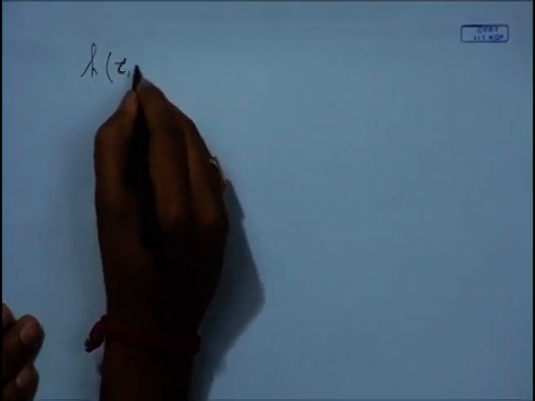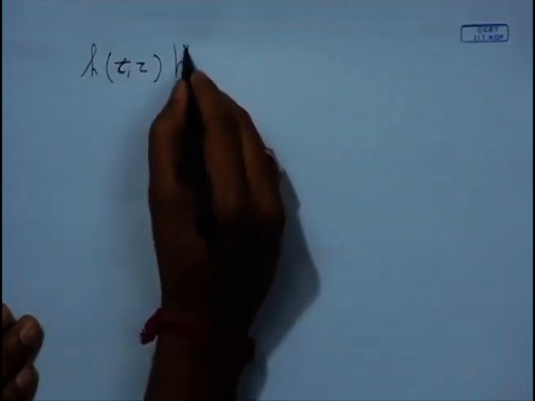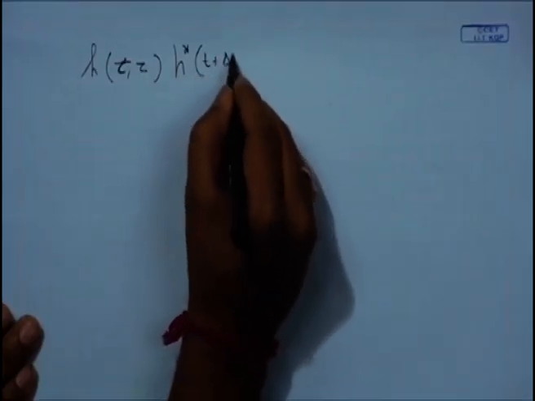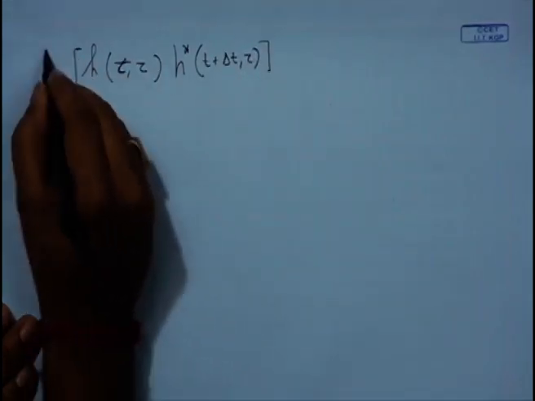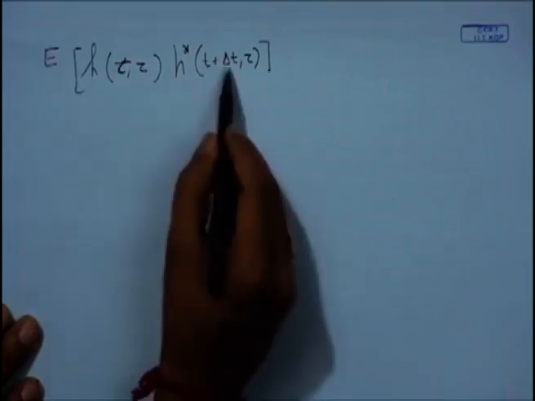So if we look at the expression for the channel coefficient, we would usually write it as h of t comma tau, and we take h conjugate at t plus delta t comma tau, and we take the expectation of it. What we are talking about is the correlation in time.